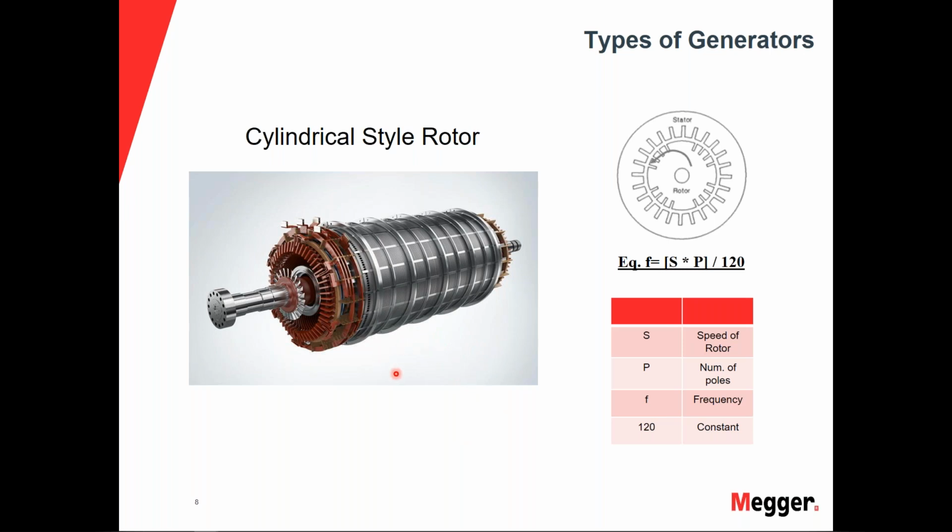This type of cylindrical rotor does not need damper windings and is usually found in gas and steam turbines. You can plug a few values into the small equation you see here and get the output frequency, depending on the size and style of the different rotors.